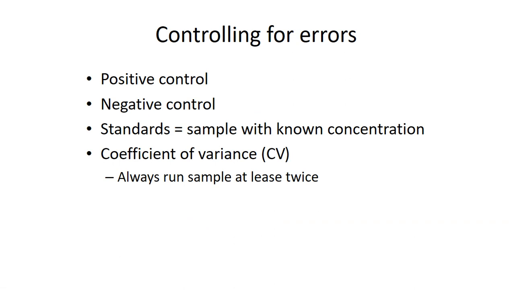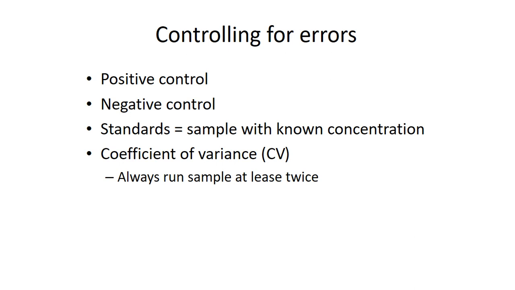Now in terms of controlling for errors, or trying to ensure that your results are true or that your ELISA has run well, you can use positive controls and negative controls. Positive controls are provided by the company, and when you add them to the plate you expect to get a high rating. If you don't get a high rating, then you can determine that the ELISA doesn't seem to have worked as well.